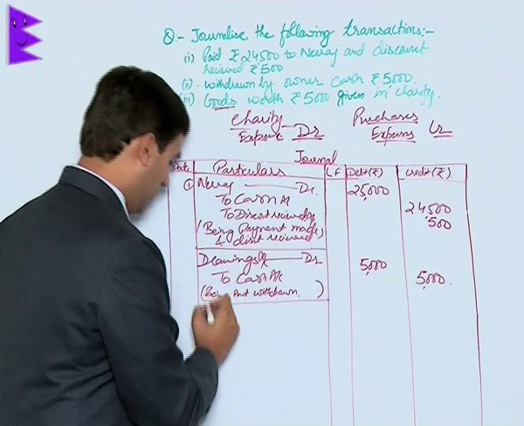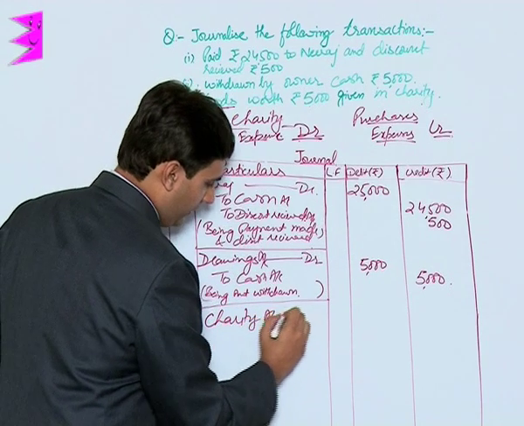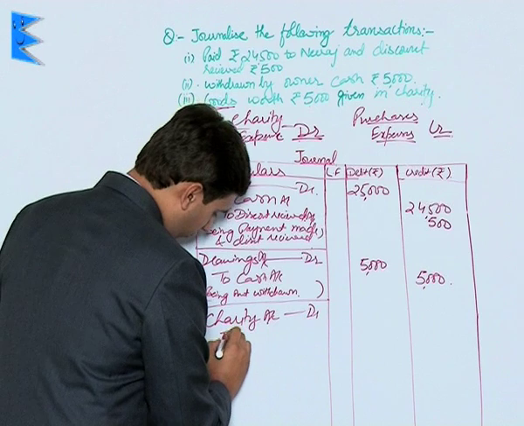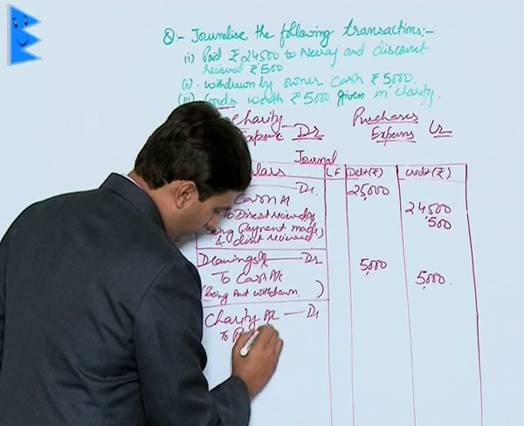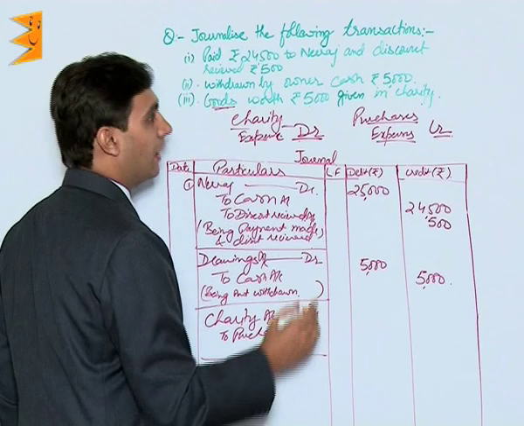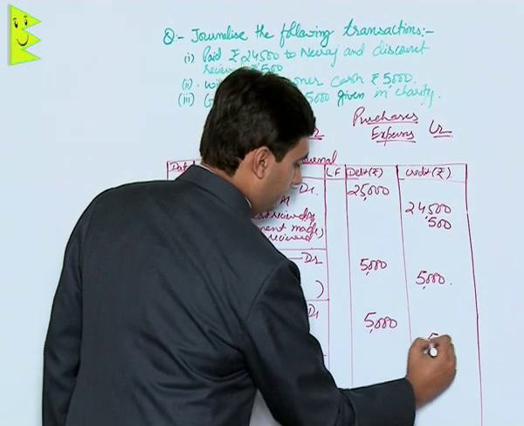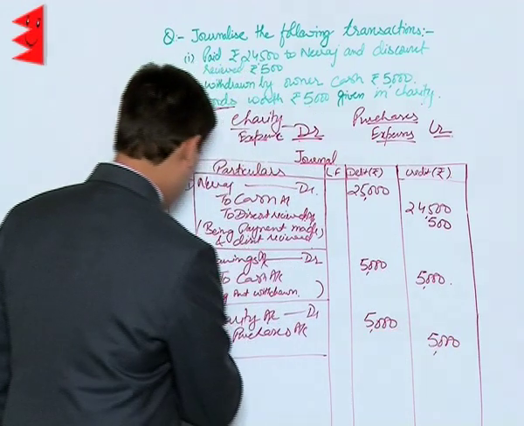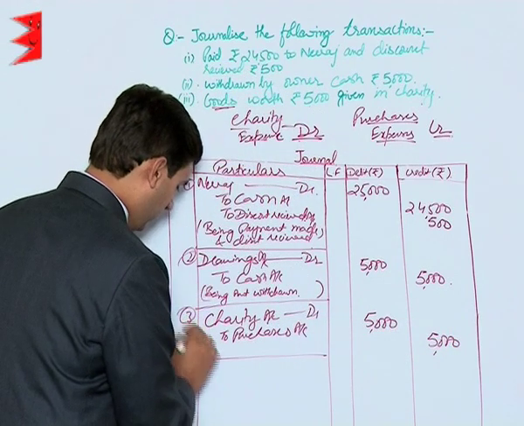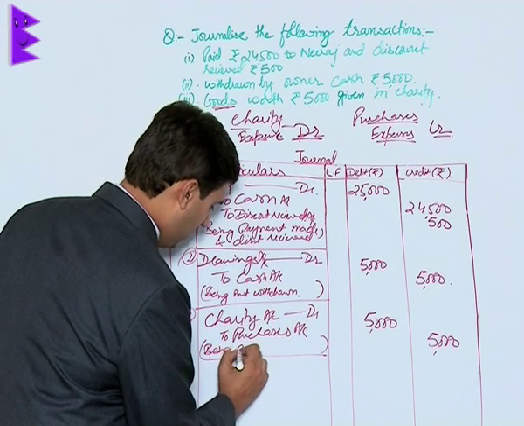So the entry would appear as charity account debited to purchases account, and the amount would be 5,000. This is transaction number 3. Narration would be being goods given in charity.